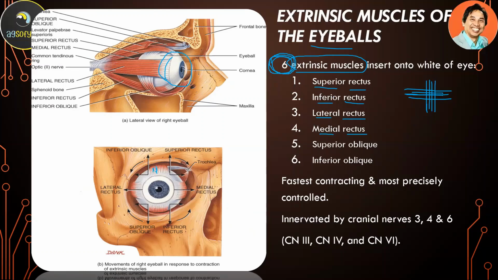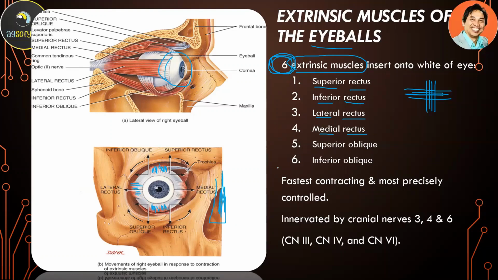So this is the superior rectus muscle. Inferior means at the bottom. So this is going to be the inferior rectus muscle. Lateral means outside of the middle area. If it is the nose, this is the middle area of our body. The lateral will be here. So lateral rectus muscle.